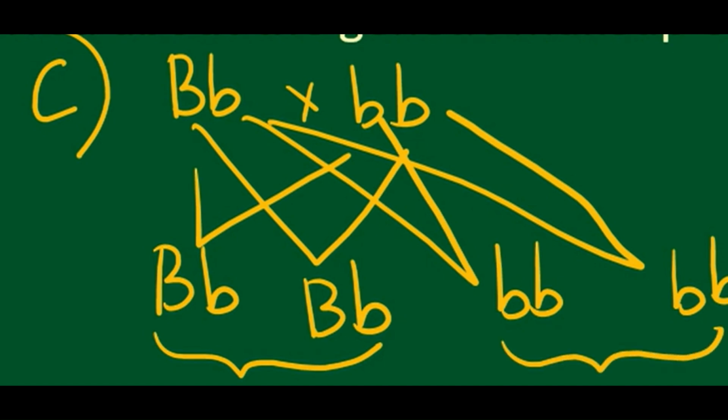So capital B means brown, small b white. So not all offsprings are brown. So this is also not the answer.